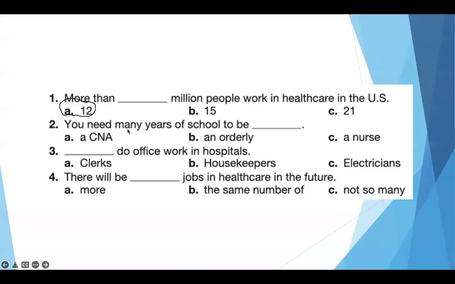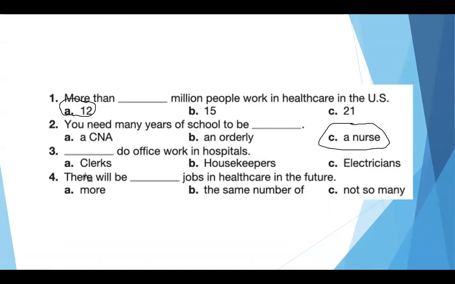All right, number 2, you need many years of school to be A, a CNA, B, an orderly, or C, a nurse. This one is going to be C, a nurse. So nurses need many years of school. CNAs go to CNA school for about a month, and then they can take a test to get their license. And orderlies usually get on-the-job training. So all they need is a high school diploma.